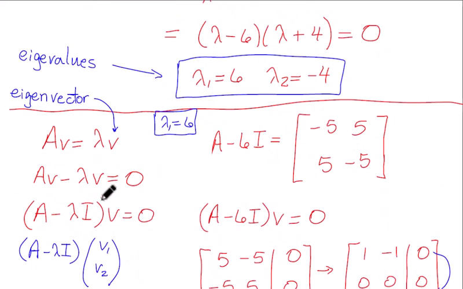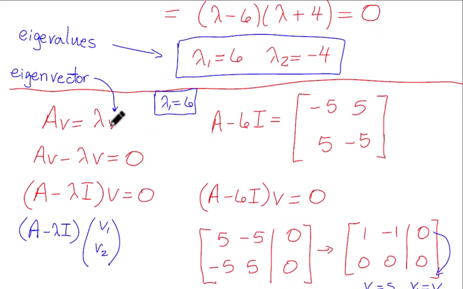So we're going to figure out what that is. We plug in lambda 1 is 6, and I get this matrix. I'd like to solve when this is going to be equal to 0, because here's what we're looking for: move it over, factor it out.